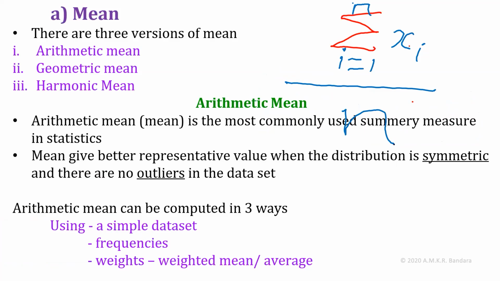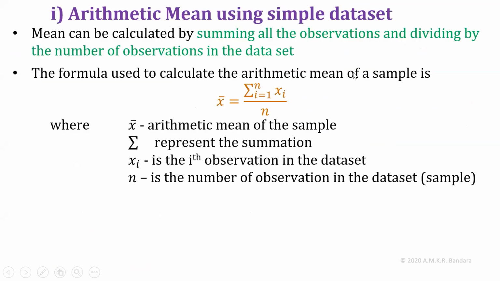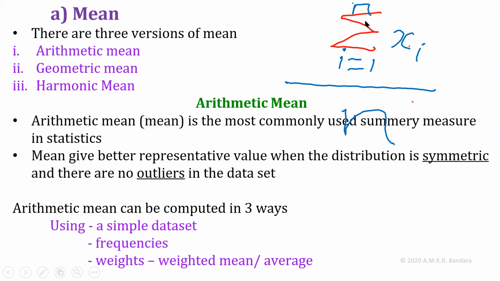So formula to represent arithmetic mean is equal to sigma xi, where i equal to 1 to n, divide by n, number of observation. Arithmetic mean we represent as x bar.